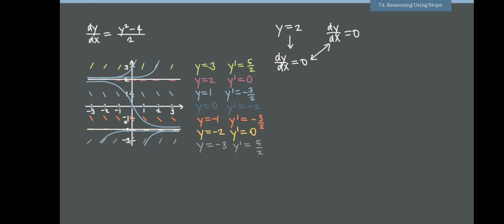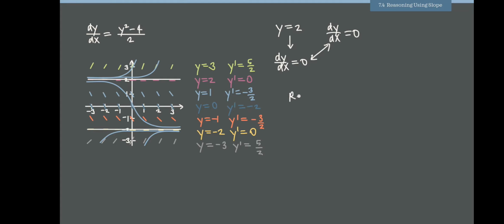So based on what the slope field is telling us, we want to be able to reason about properties of these solution curves. For instance, if we're asked to find the range of the solution function that passes through the point 0, 0, well, we know if the solution curve passes through 0, 0, that it's going to be bounded here by positive 2 and negative 2.